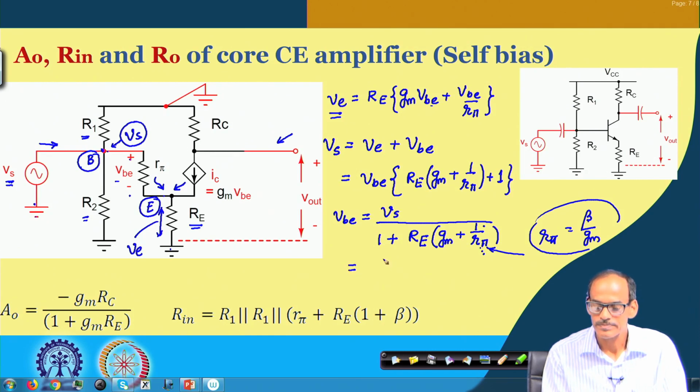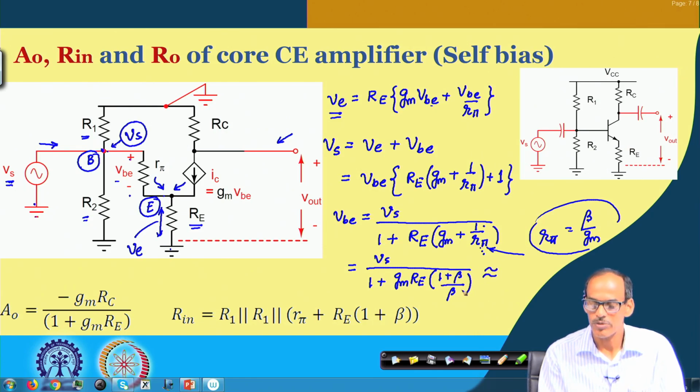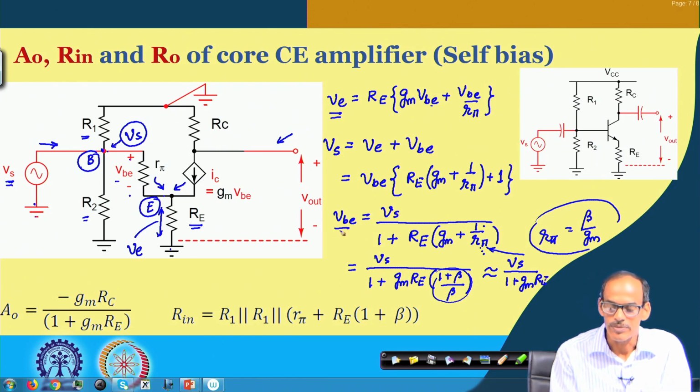So, that gives us Vs divided by 1 plus gm into RE multiplied by 1 plus beta divided by beta. Typically, we consider that this beta is much higher than 1. So, we can approximate this part as equal to 1. So, we can say that this is Vs divided by 1 plus gm into RE. So, that is the VBE.